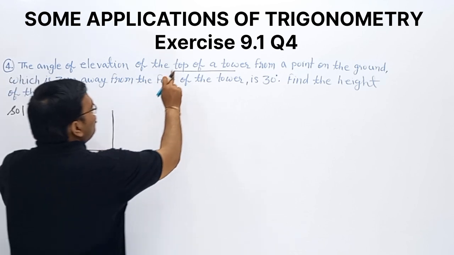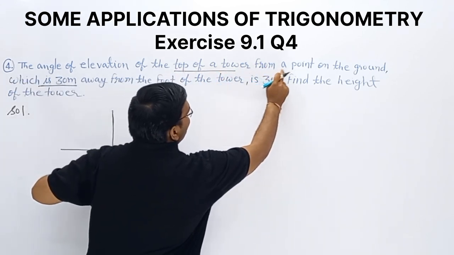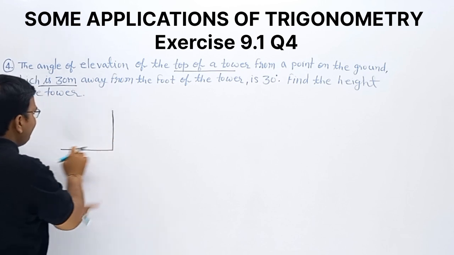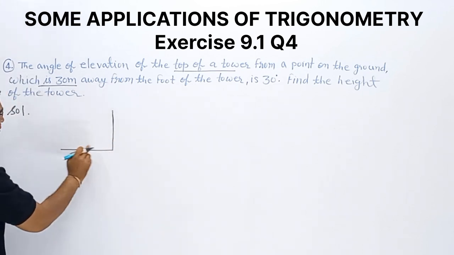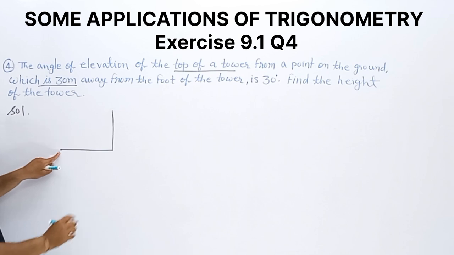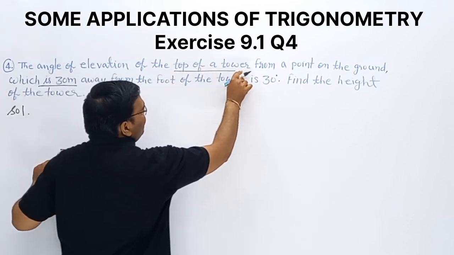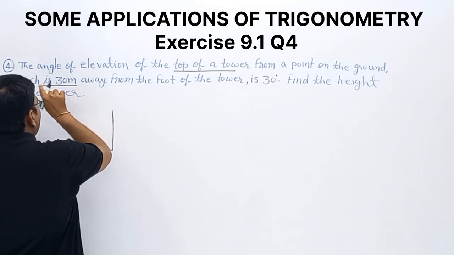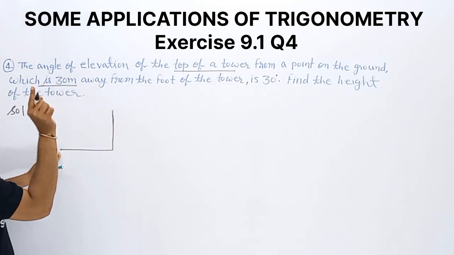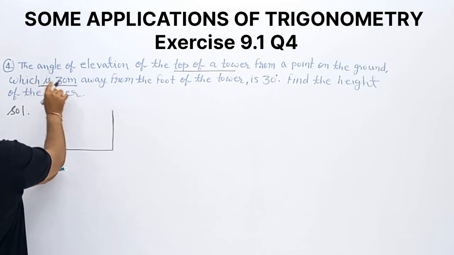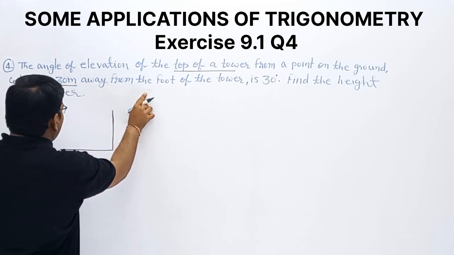So, the top of a tower from a point on the ground, we are having one point. I am taking one point there. From this point, the top of a tower from a point on the ground which is 30 meter away from the foot of the tower.